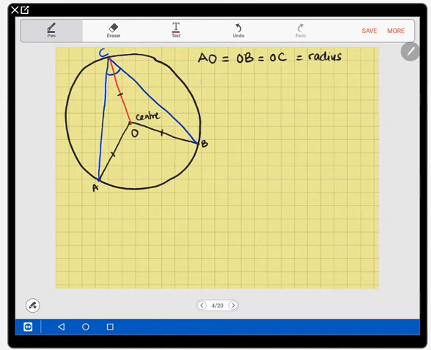Again, we have two isosceles triangles. Okay, let me call this Y and, oops, let me call this X. Right, what we're trying to find are these angles here.